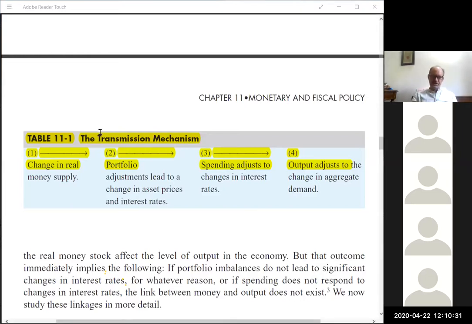This is a very crucial step, that this real money supply should lead to certain changes. It is a very important step, because if this is blocked here, adjustment does not happen and the asset prices do not change, then you are in a situation we call the liquidity trap.